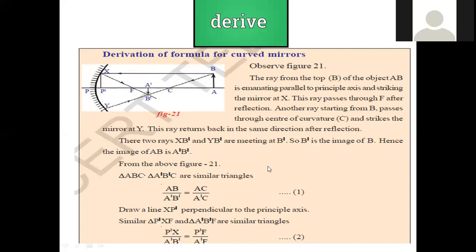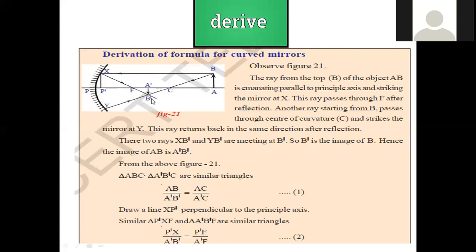Based on this kind of application, now we are going to draw the diagram. Now we are going to derive the equation. So here two light rays are passing through XB prime. XB prime is the reflected light from this parallel light ray. And YB prime is the light passing through the center of curvature, meeting at the point B prime.